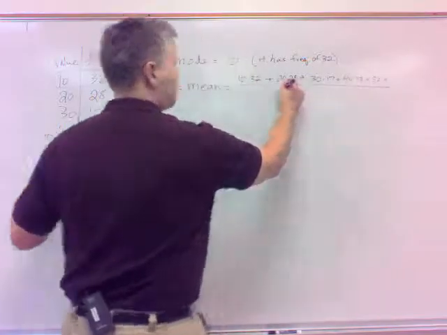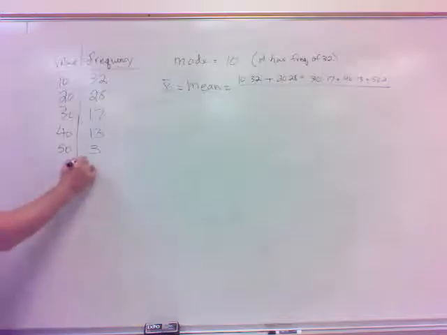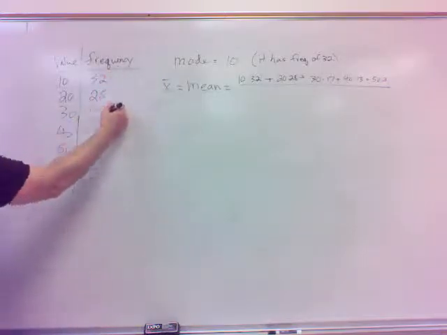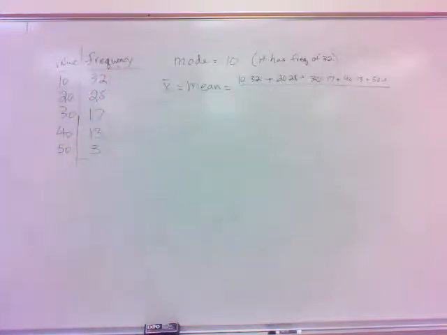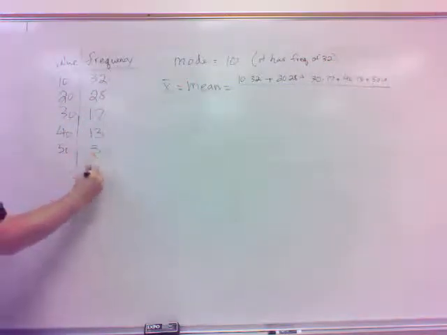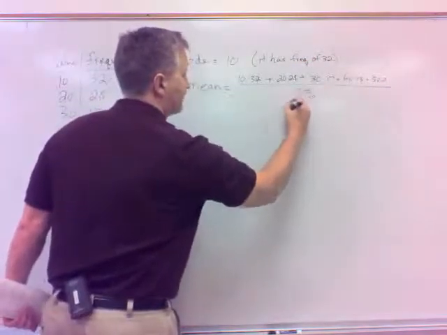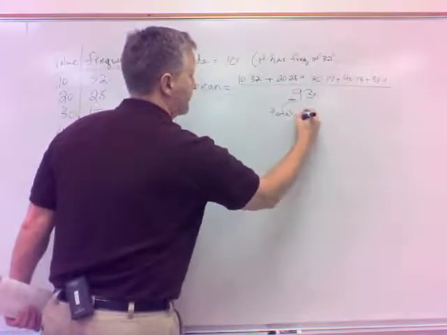Multiply those together, then add them up, and then we're going to divide by, what do we divide by? 5? No. I don't divide by 5. I divide by the total of the frequencies. You add up all the frequencies. So that's 60, 77, 93. 93 is the total there, so that's what we divide by here. Okay? Divide by the total of the frequencies.